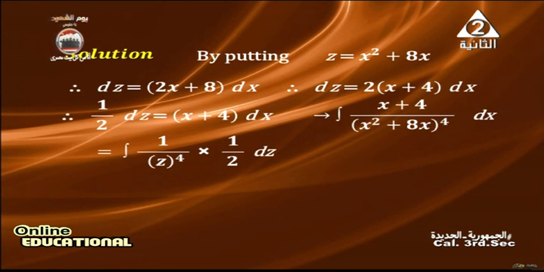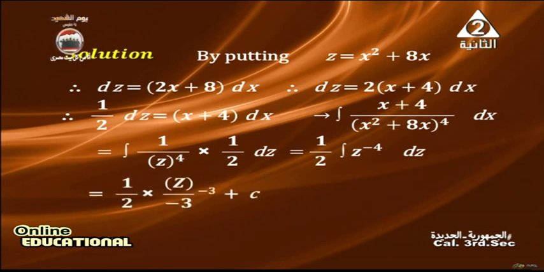Then we have the integration of half z to the power negative 4 dz, which is half integration z to the power negative 4 dz. Now, the power plus 1, divided by the power n plus 1.